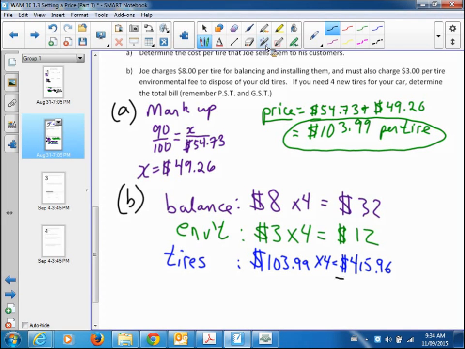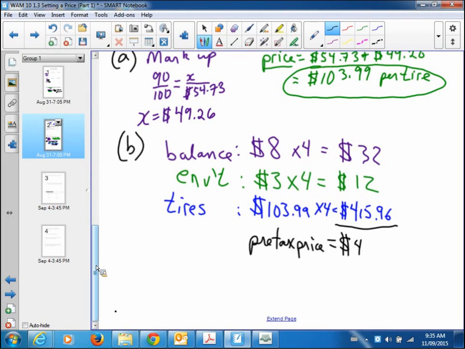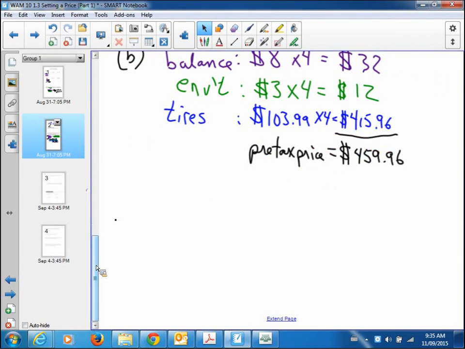Lastly, you got to add them up for the pre-tax price. Before tax is $459.96. Now you got to figure out what the tax is on that pre-tax price.